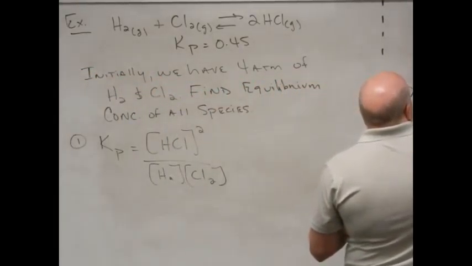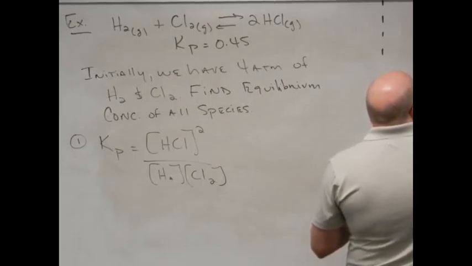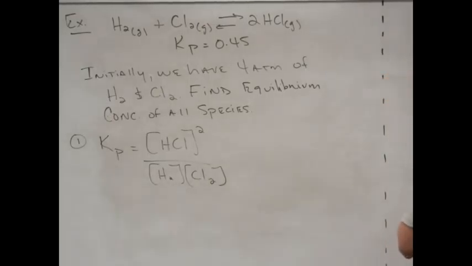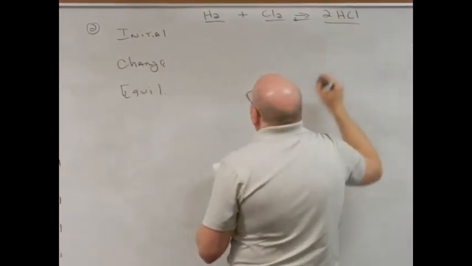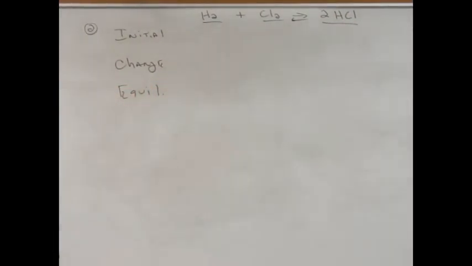Initial, change, H2 plus Cl2. Now we have to look at, what do we know? We don't know much. That's what these problems become pretty evident. There's not a lot we know about what's going on.